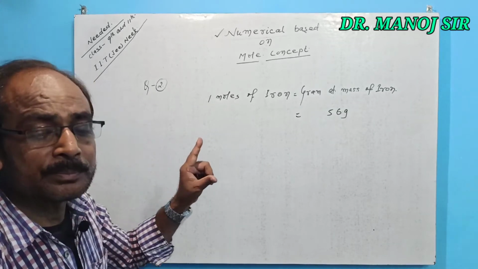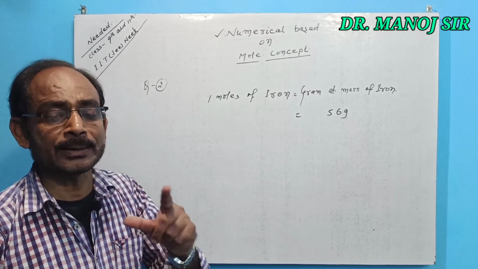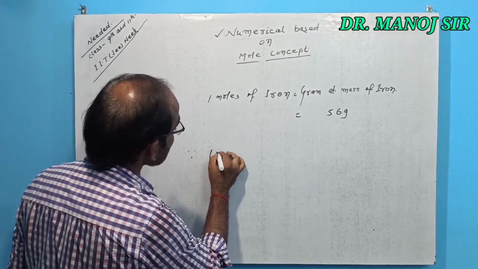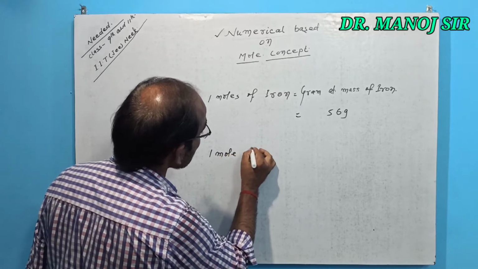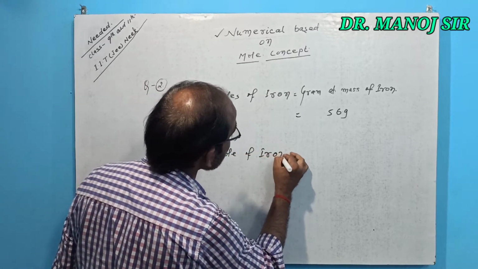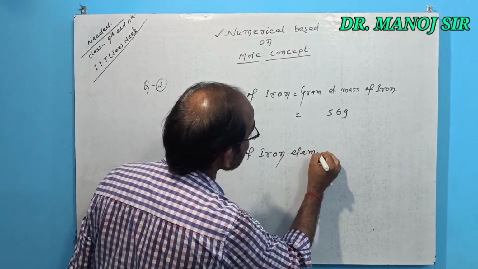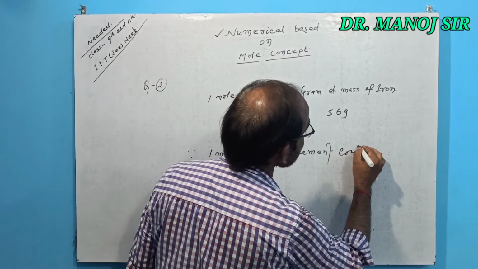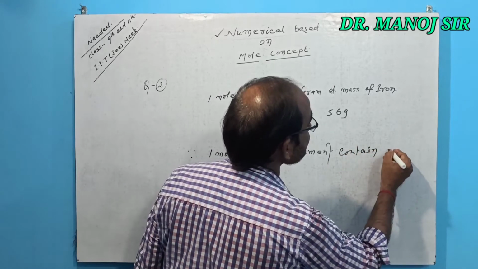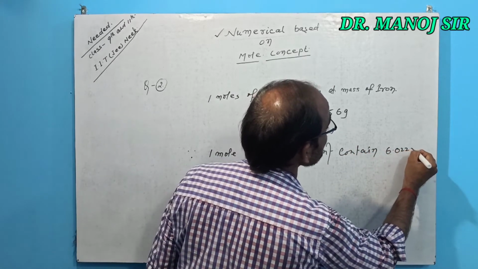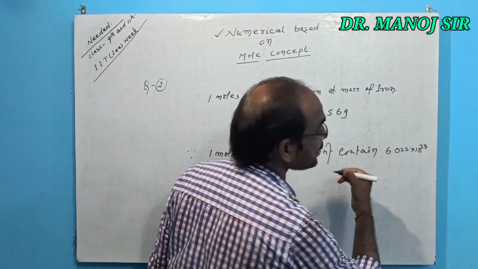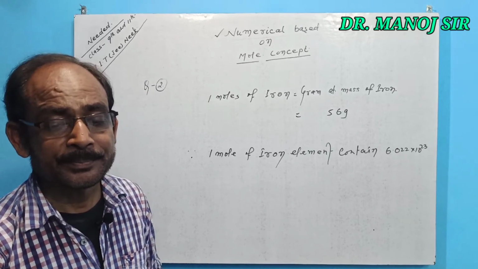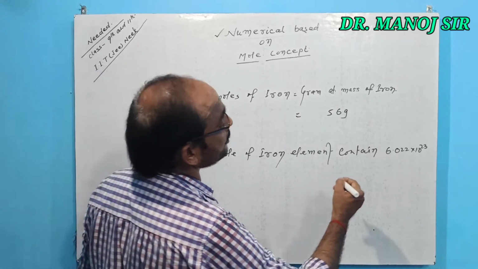One mole of iron element contains 6.022 into 10 to the power 23 atoms of iron.